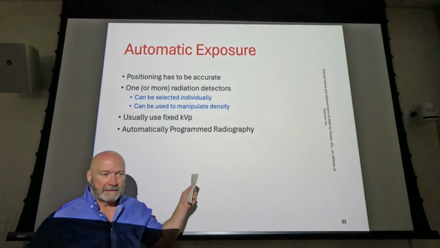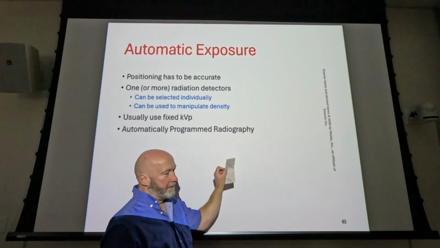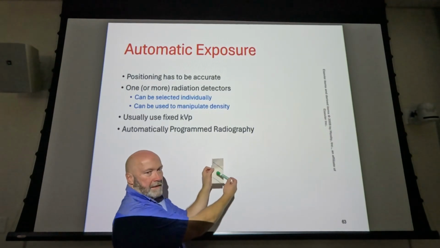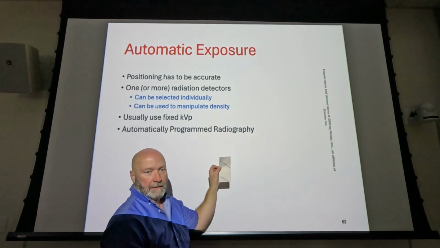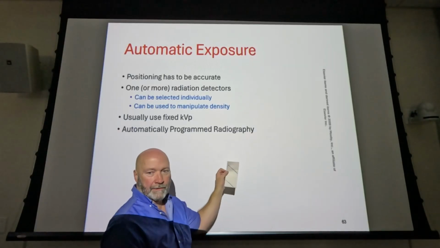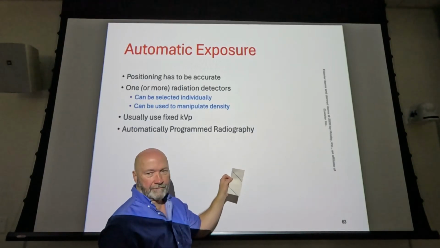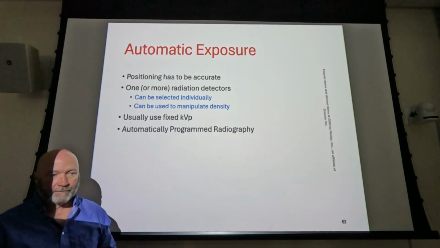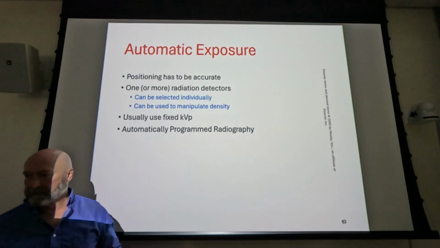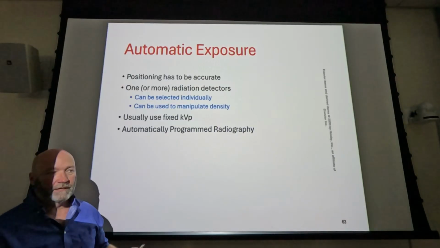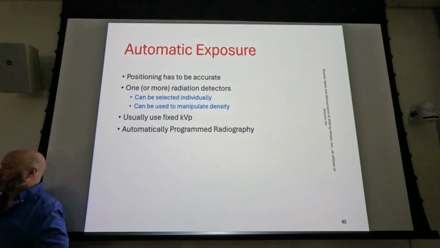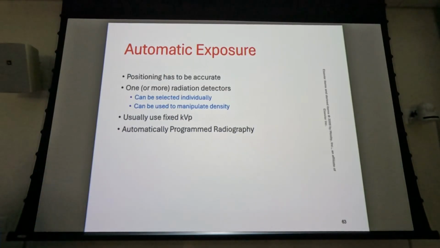So what if your AEC is that big and your entire anatomy is skin line and bone? What are you getting to the AEC? Direct exposure. So what's going to happen? It's going to shut off really fast. So positioning has to be precise and the AEC has to be completely covered or you're going to run into some issues. Good positioning is absolutely essential with automatic exposure techniques.